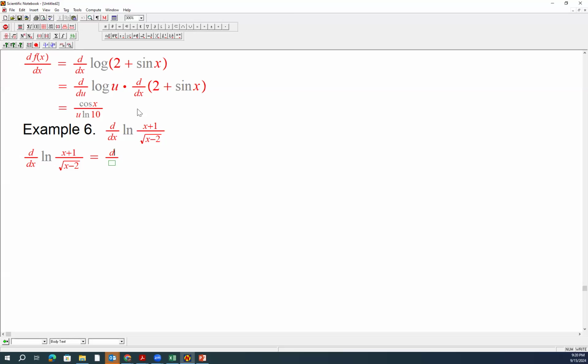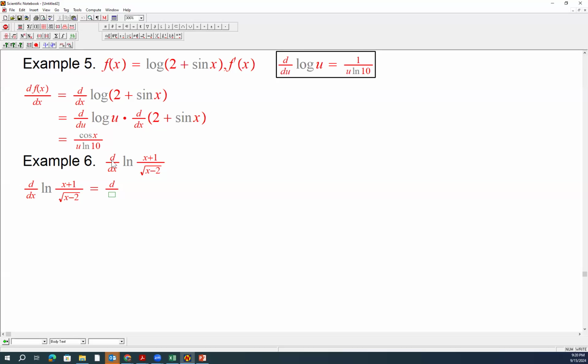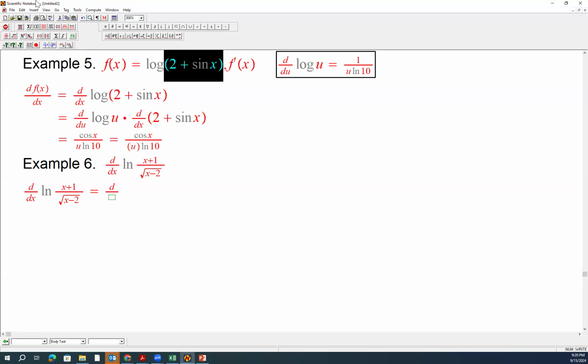In the previous question, I forgot to substitute the u back. So let's do one more step. Sorry about that. U will be substituted back by what u was, that's 2 plus sine x. And that's the end.